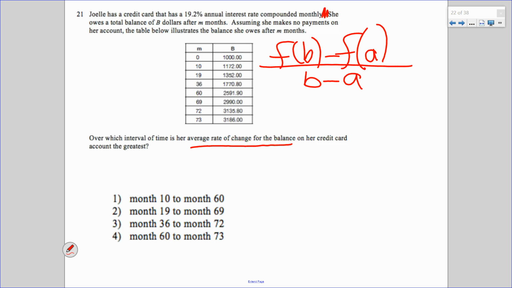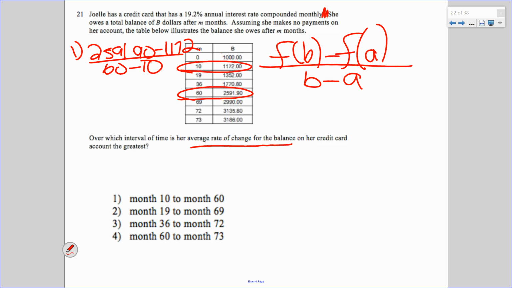So, for choice 1, 10 to 60. We have 2591, 90 minus 1172 over 60 minus 10.